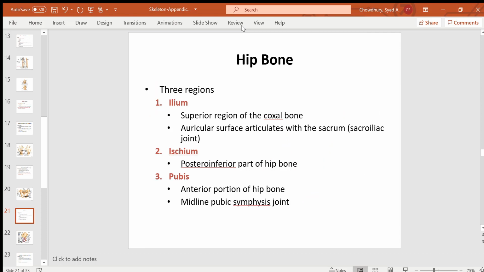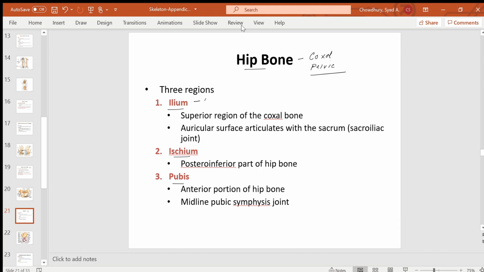Anyway, the hip bone, or pelvic bone, or coxal bone, same thing, has three parts. The whole upper part is called the ilium, the lower back part is called the ischium, and the lower front part is called the pubis.